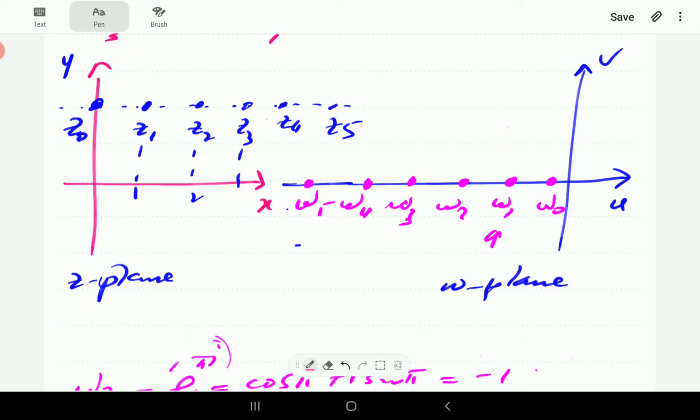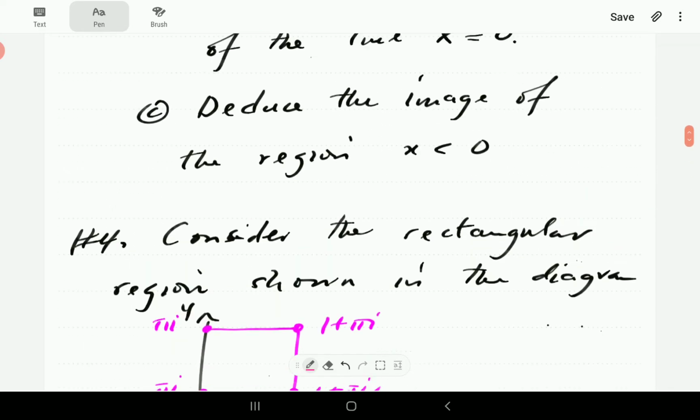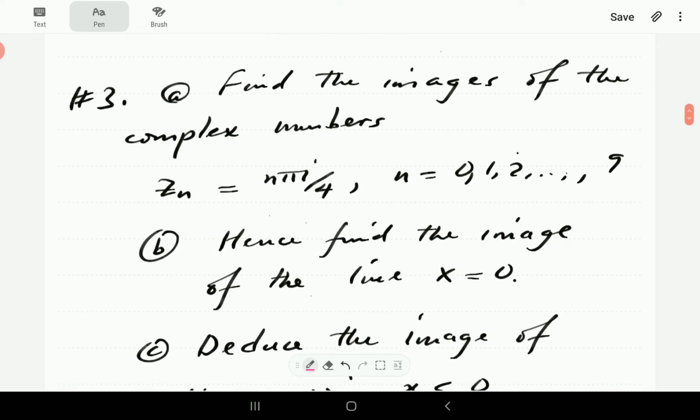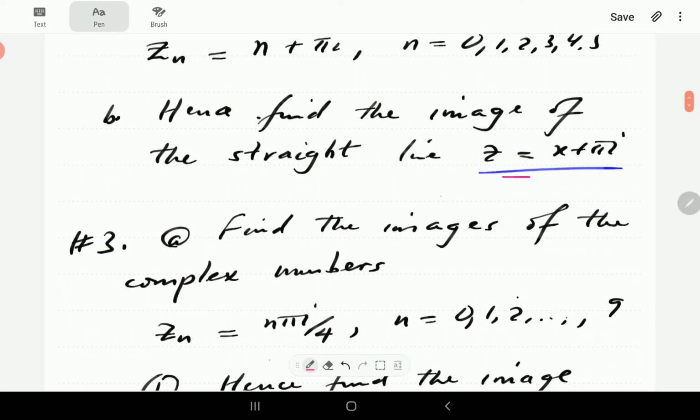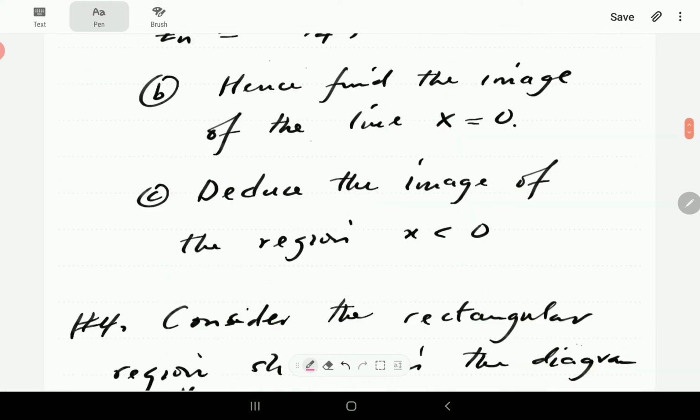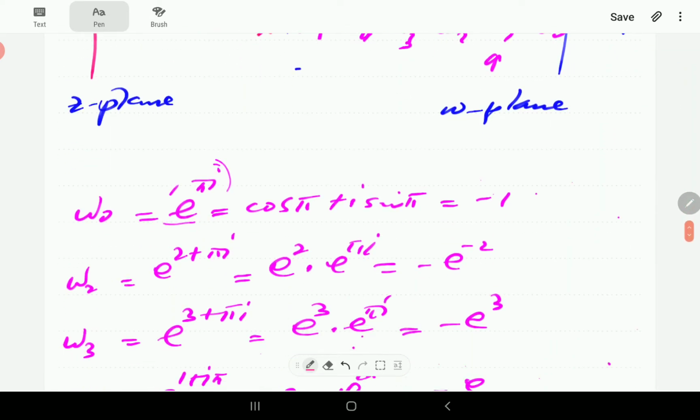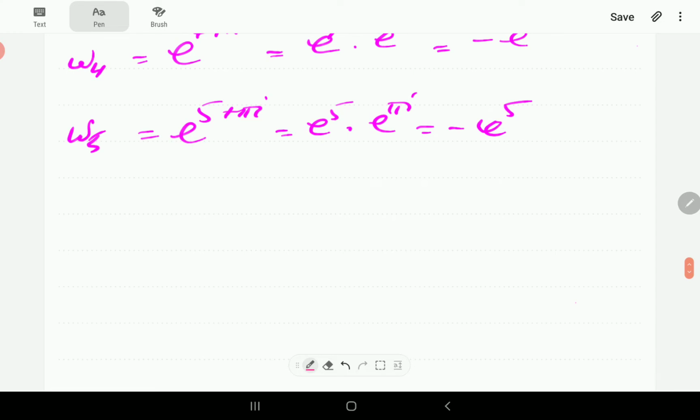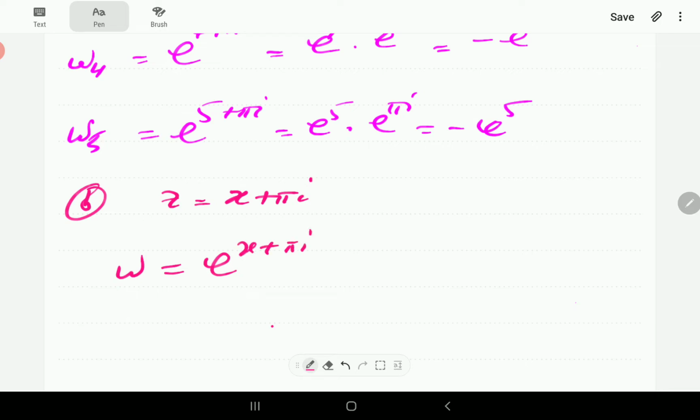Okay, so the next question says, what is going to be the image of z equals x plus πi? So let's just deal with that and then we'll generalize. So part B, z equals x plus πi. If we plug that in here, it's actually the generalization of what we're doing here.